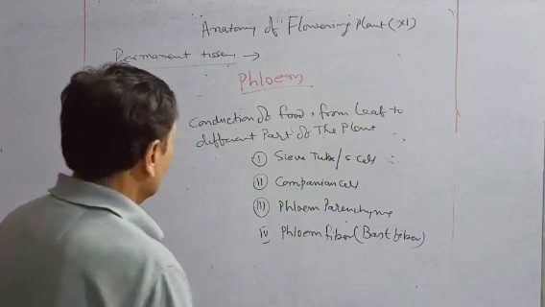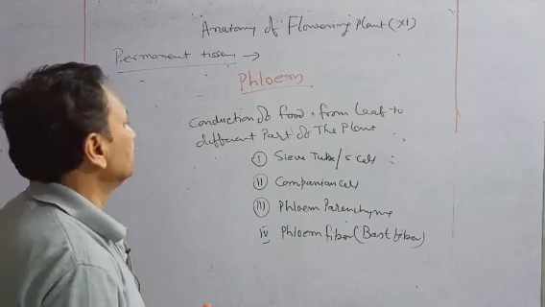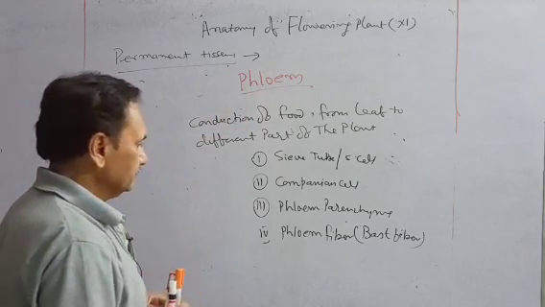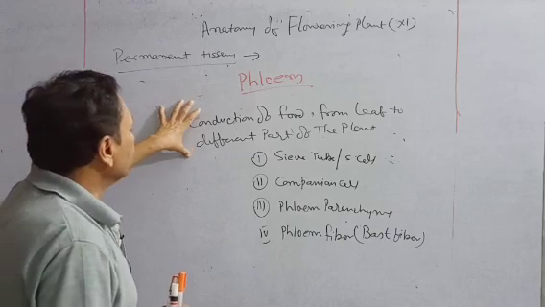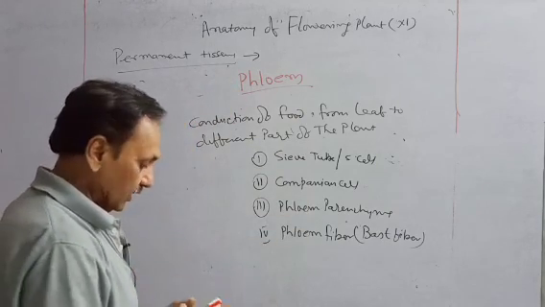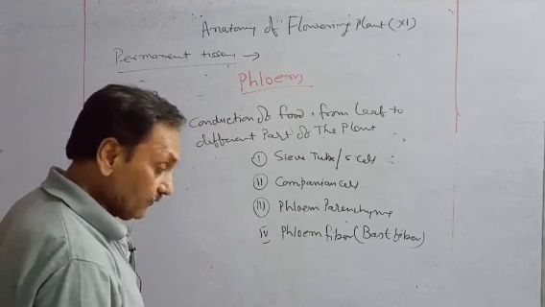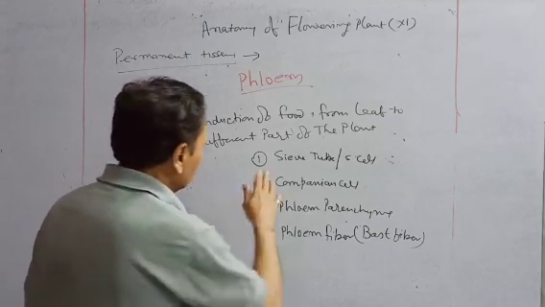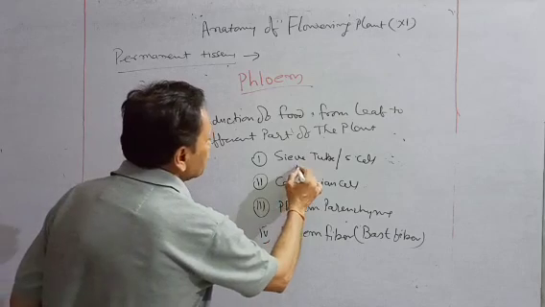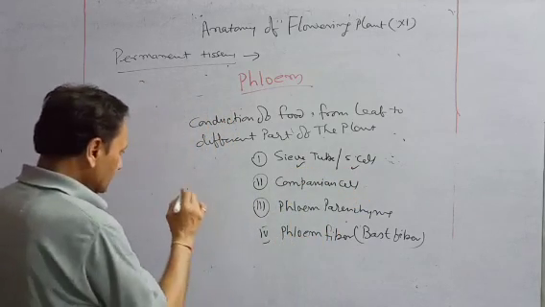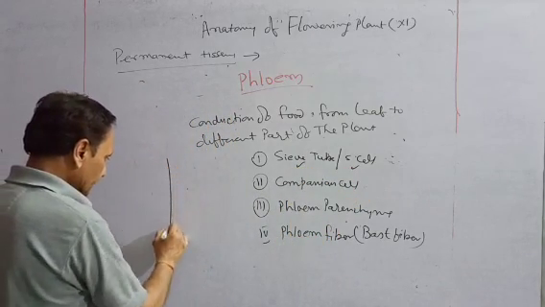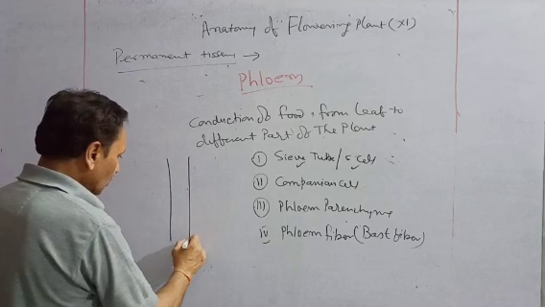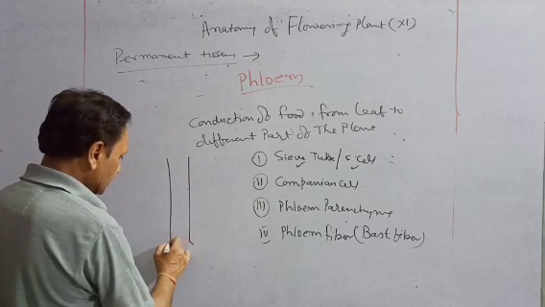Now, we will have to discuss the structure of this particular phloem, how this phloem is formed and how it conducts the prepared food from one part of the plant to another part. Firstly we will discuss the sieve tube. In case of the sieve tube, it has been observed that it is a long cylindrical structure.